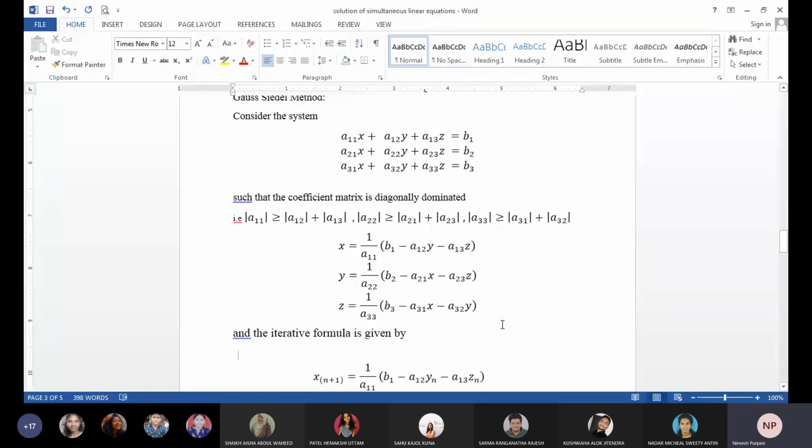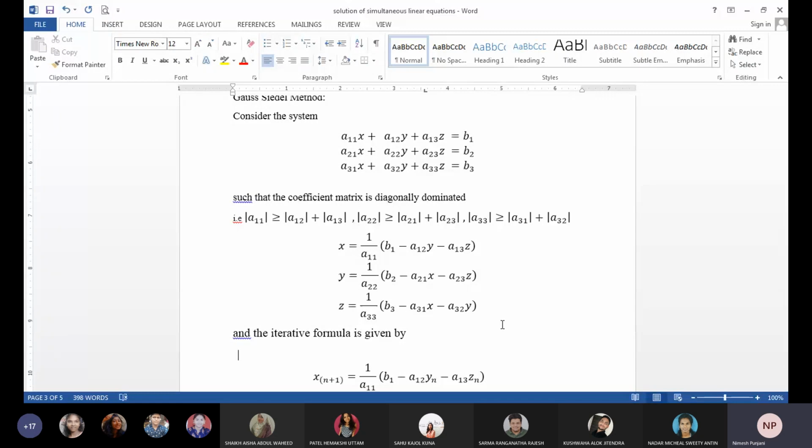Diagonally dominated means the absolute value of the diagonal element, in general I am telling, will be greater than the sum of the absolute values of the other elements. Sorry, again I repeat, diagonally dominated means absolute value of the diagonal element will be greater than or equal to sum of the absolute values of the other elements in that row.